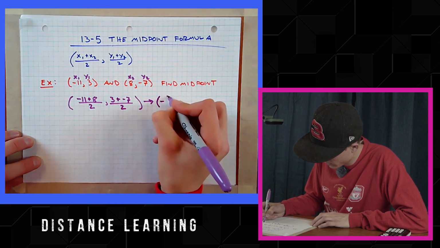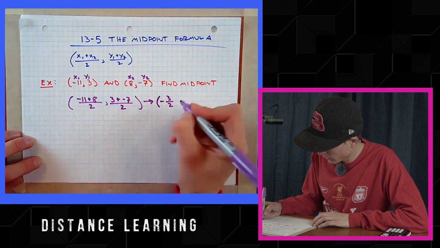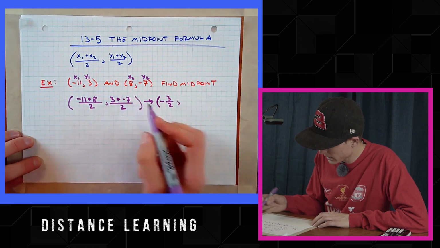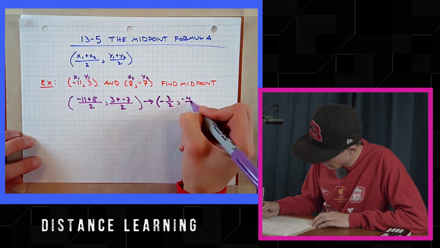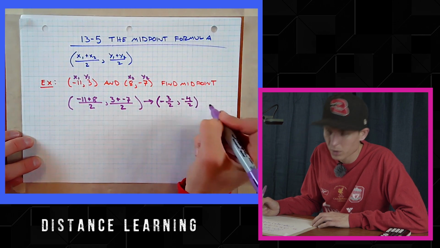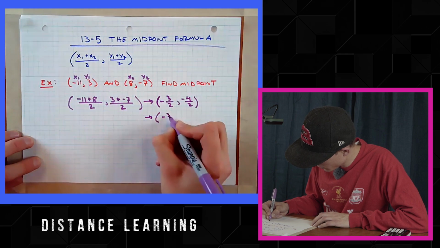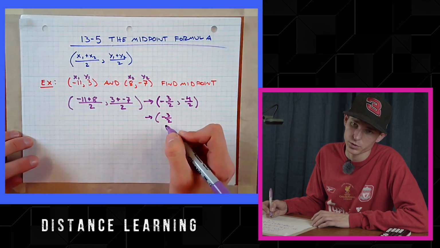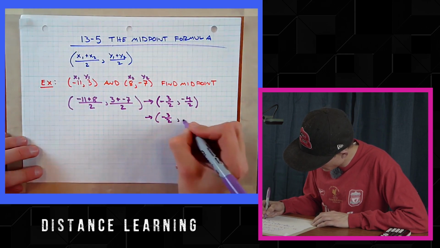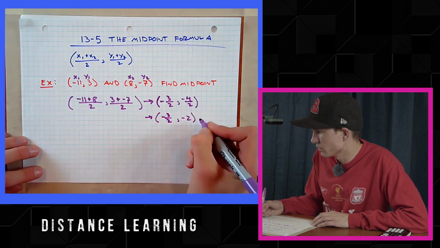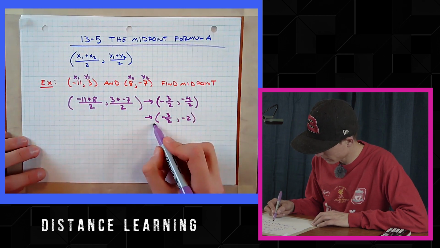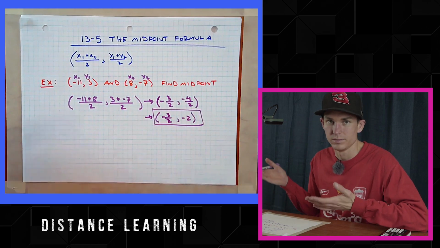They're going to give us fractions. -3 over 2. And then 3 plus -7 is -4 over 2. Please reduce when possible. So -3 over 2 is not reducible. If you want to write -1.5, by all means. But please write -2. And that's the midpoint.